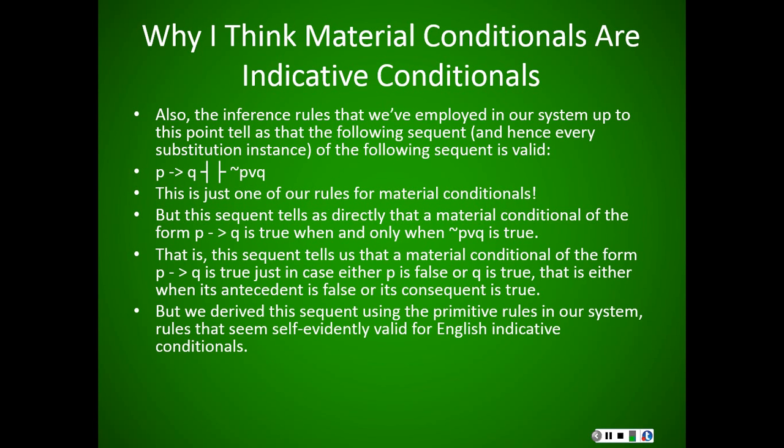But if those rules are valid, and the kind of conditionals that we were testing them against were ordinary English indicative conditionals, which for all the world they appeared to be, then this sequent is valid, and this sequent tells us that the truth conditions for conditionals are those that we've assigned to the material conditional.